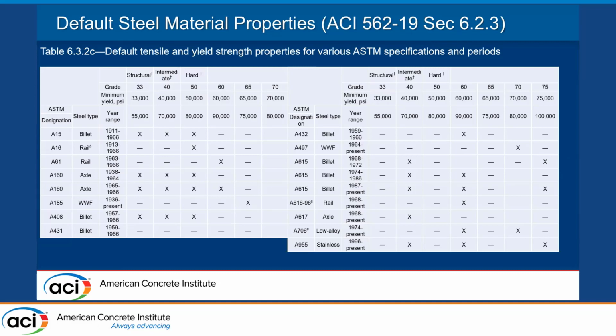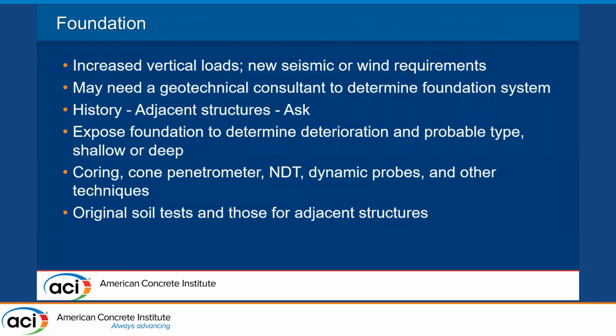Then there's intermediate hard. But if you don't know what you're doing with the structure, you're doing a first calculation, these kind of tables are great for saying, well, I can use 33,000 and let's see how the structure works. Before you need to be removing bars and all that, you just need to kind of see what's going on.